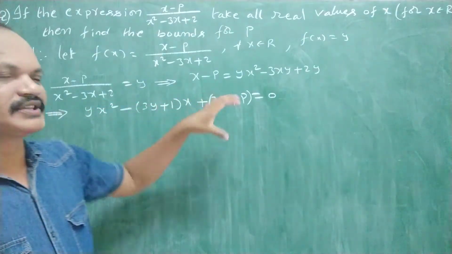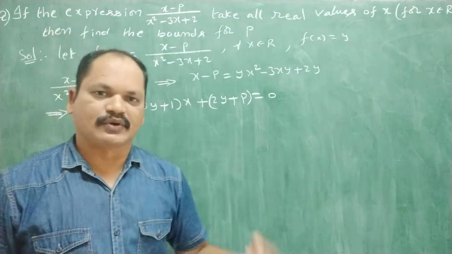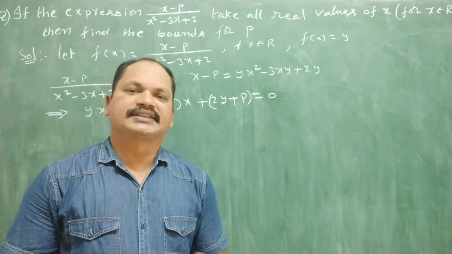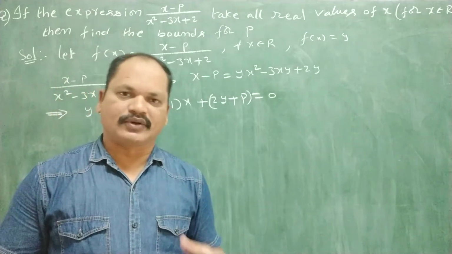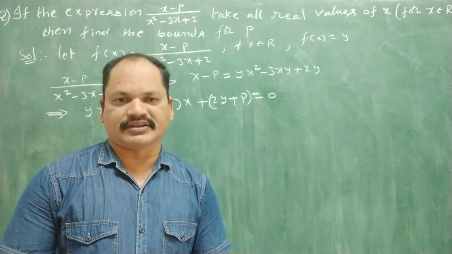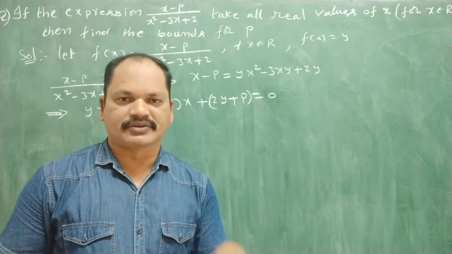For this quadratic equation, x is real. X is real means what? For a quadratic equation, the nature of roots depends upon the discriminant.